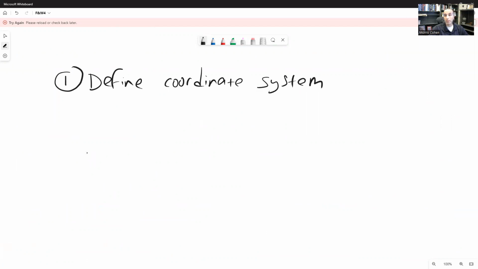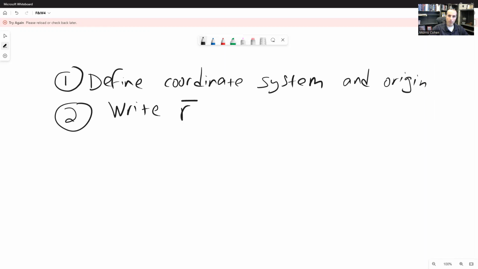And when you define a coordinate system, you also must determine where the origin is, right? Figure out where your origin is. That's part of your coordinate system. Number two is write down the vector r and r prime in that coordinate system. And again, this may vary as a function of your surface or along your line.